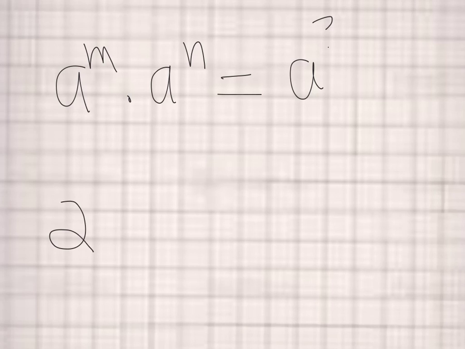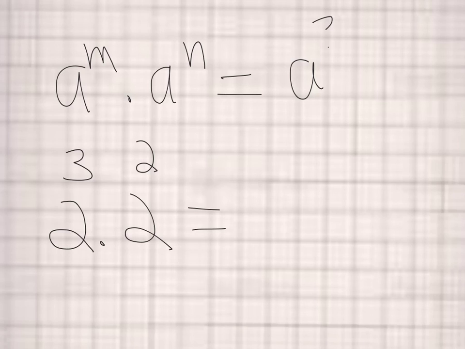So 2 will replace a, and let's say 2 to the power 3 will replace a to the power m, times 2 to the power 2. As you can see, I simply replaced the variables by numbers because it's easier for people to understand numbers instead of variables, okay?